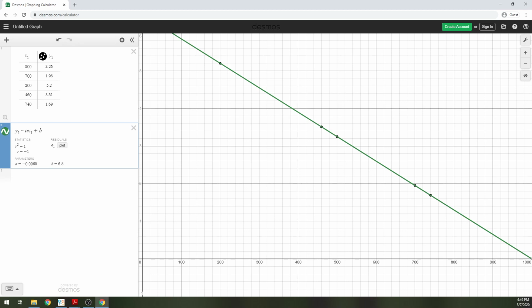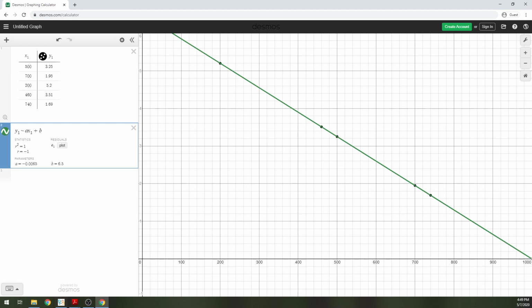Of course, the higher the r value, the higher the correlation between two variables. The fact that r is in this case -1 means as x increases, y decreases, which makes sense because the more shirts you buy, the less it costs. But that's beyond the scope of what we need to be doing right now.